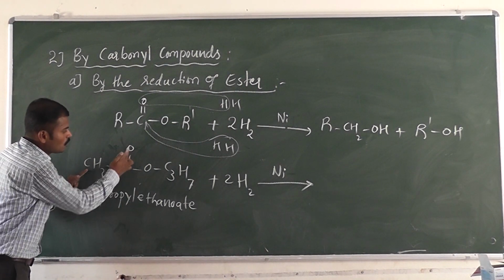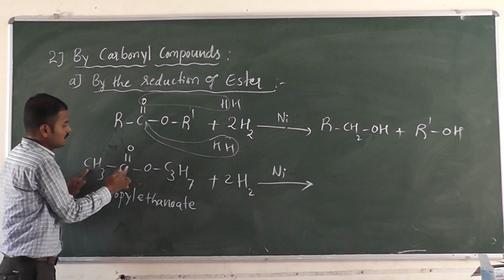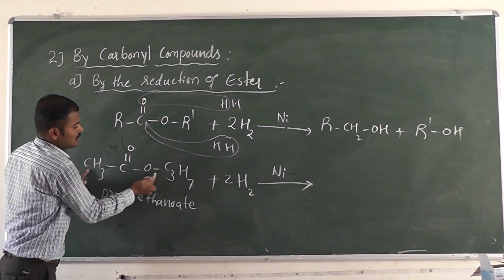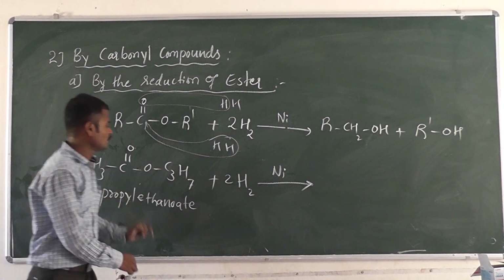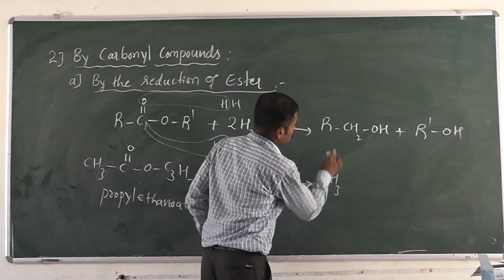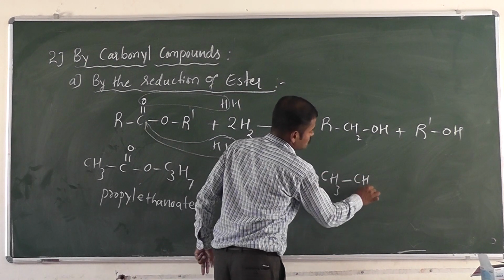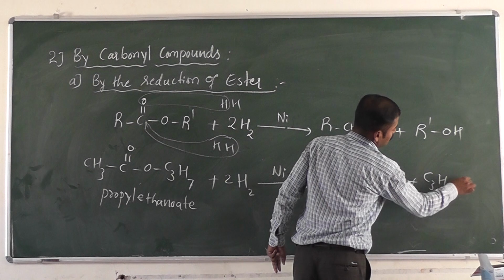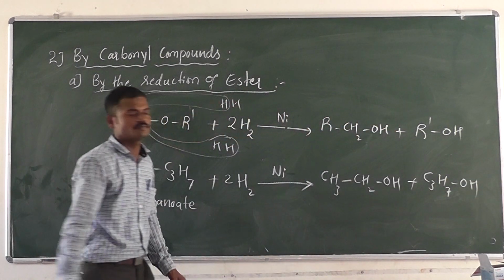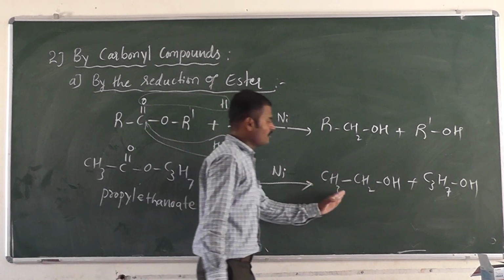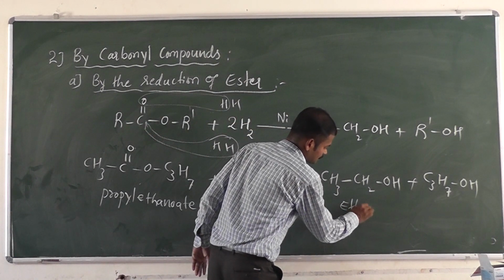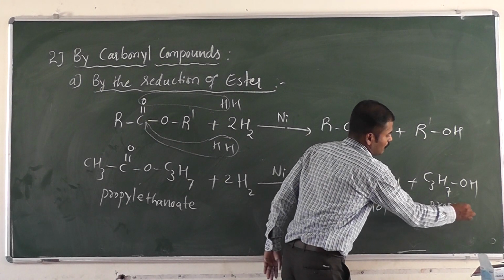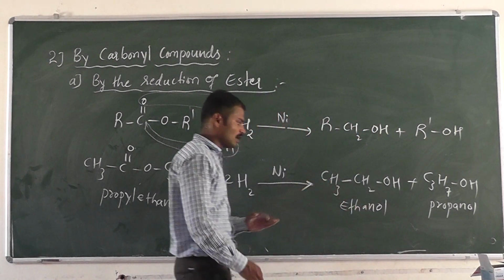CH3CH2OH, just replace R by CH3, plus R dash replaced by C3H7OH. We are getting 2 alcohols. So this is called ethanol. This is a propanol because 3 carbon atoms are there. Here 2 carbon atoms are there.